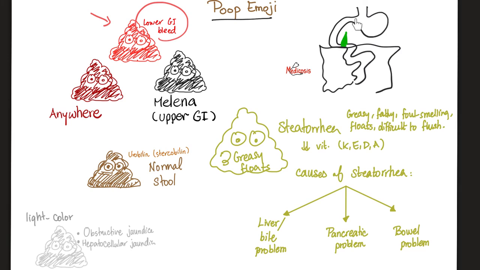Before it, proximal to it, is called upper GI. Distal to it is called lower GI. Of course, if I have hemorrhoids, it will be in the anorectal area, which is of course a lower GI bleed. That's why it is bright red, because this blood is fresh. The injury is downstairs.